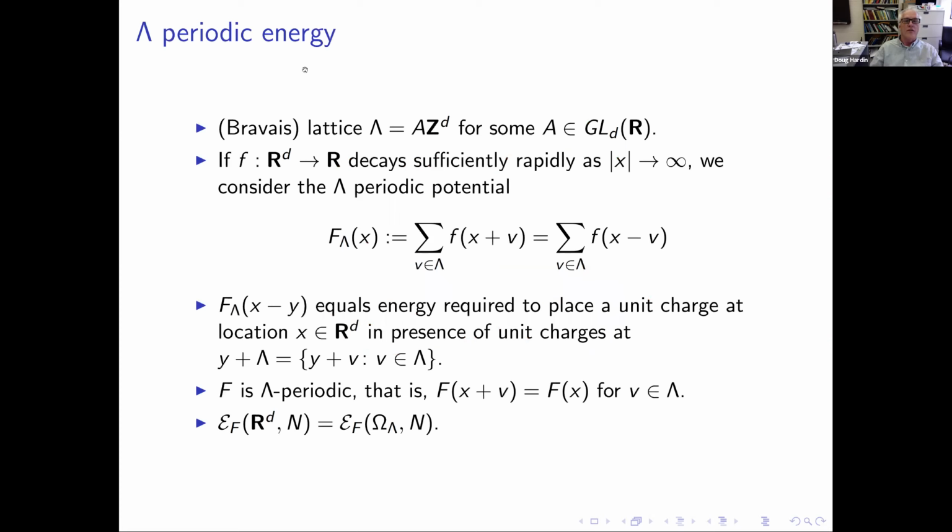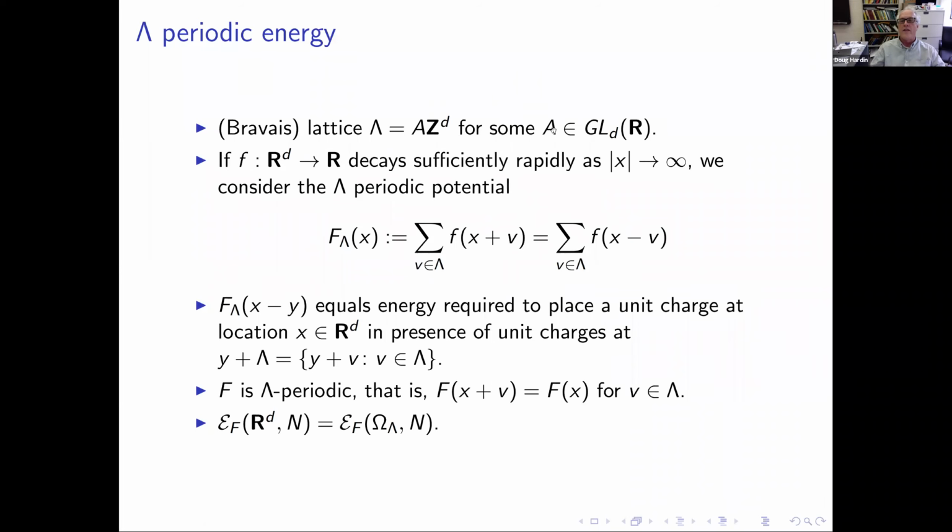So this brings us to lambda periodic energy. First of all, what do we mean? For us, lambda is going to be a lattice, which in physics people would call a Bravais lattice. What we mean is, if you're in R^D, and I'm going to do a full rank lattice, you need D linearly independent vectors, and you form all integer linear combinations.